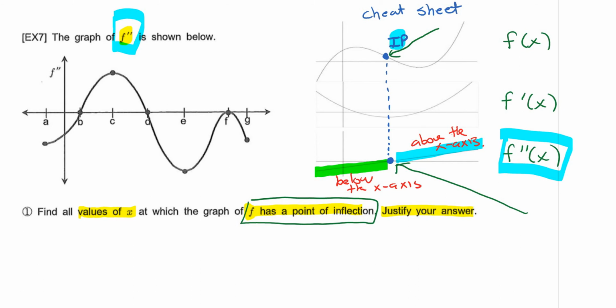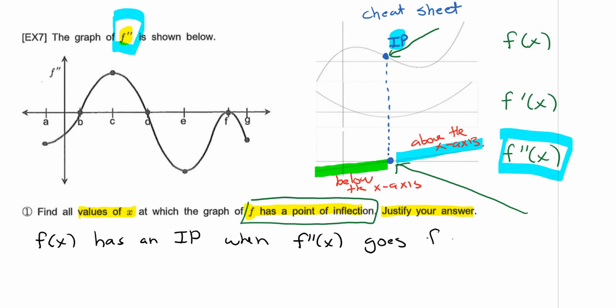So let's go ahead and just write that down here. So f of x has an inflection point when the second derivative graph goes from, I'll say, below to above the x-axis.